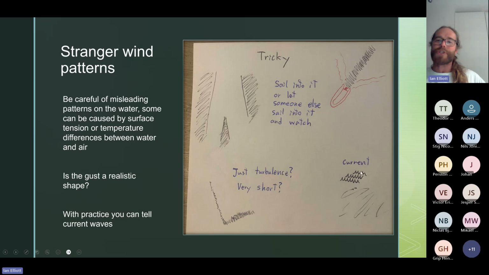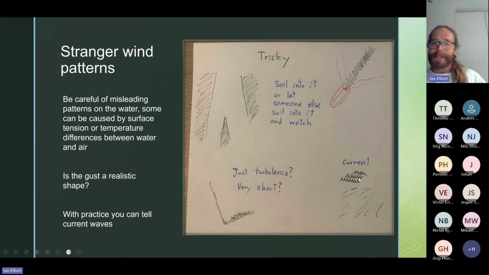So if you get these sharp, funny, almost standing waves, little things sticking up, that is probably current. You don't get those sharp ones. You get more sort of ripples, like fish scales, with normal wind.